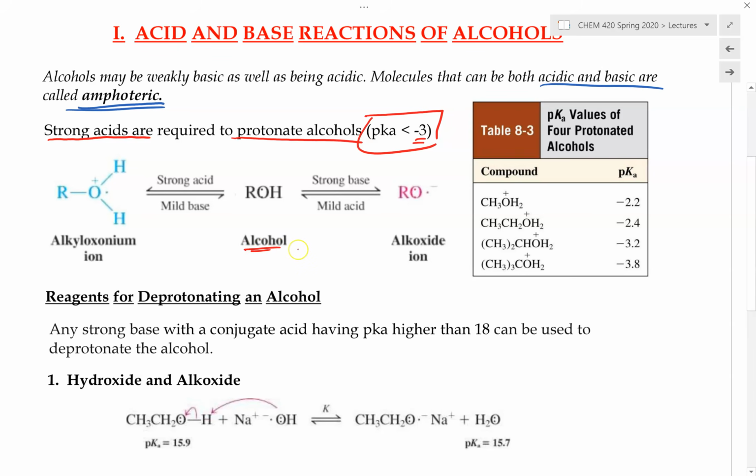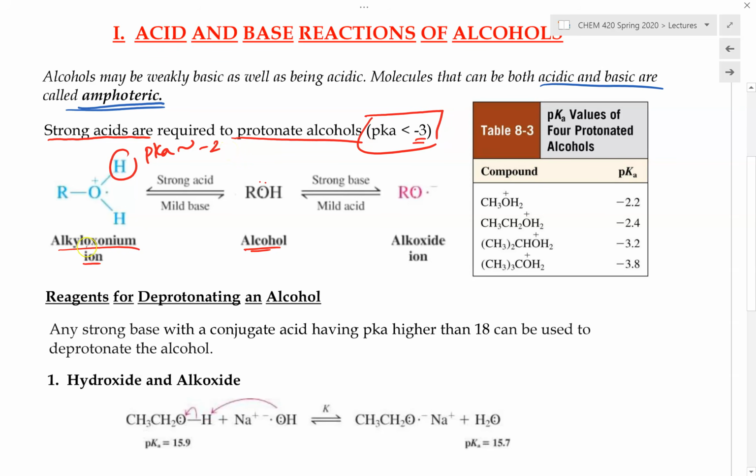Here is our alcohol. Once this alcohol is protonated, it will become the alkoxonium ion right here. So we call this the alkoxonium ion. A lot of the time, this alkoxonium ion has a pKa roughly around -2 to -3.